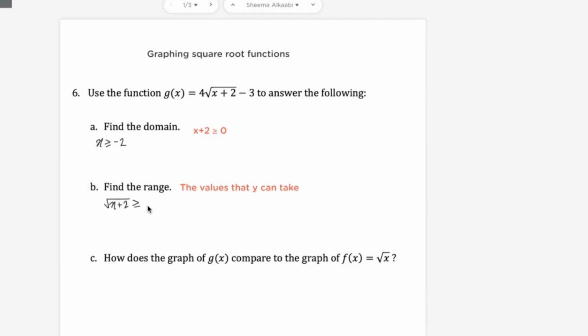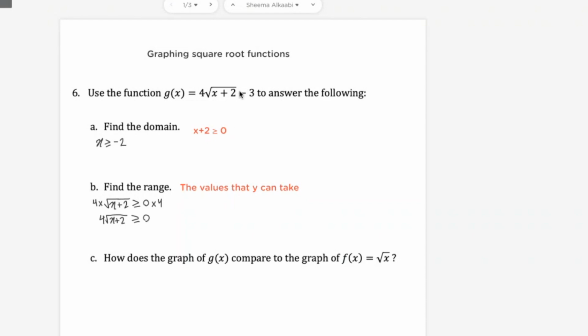Good. You start from here and always start from square root. Square root is always not negative. It's like absolute value, okay? Then when you multiply each side by 4, you get 4 square root of x plus 2 more or equal than 4 times 0. 4 times 0 is 0. Okay. So, yes, 4 square root of x plus 2 is more or equal than 0.